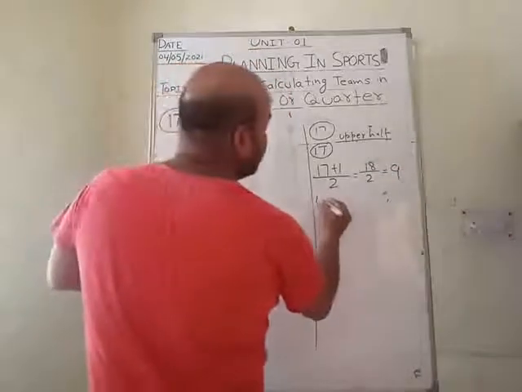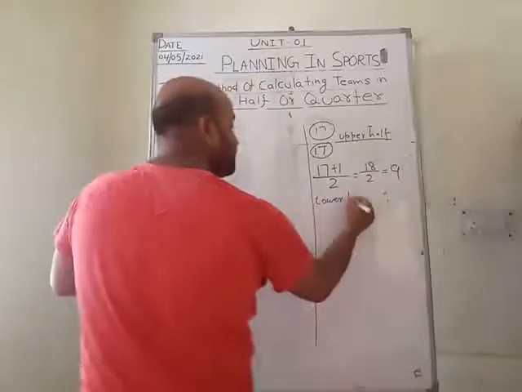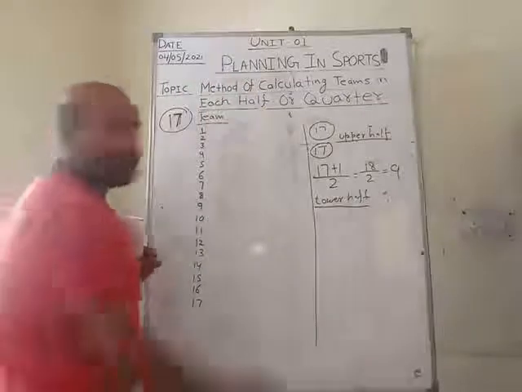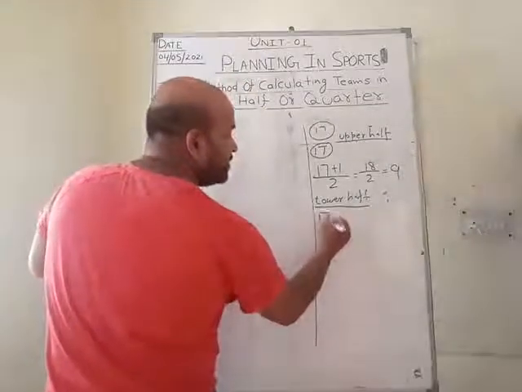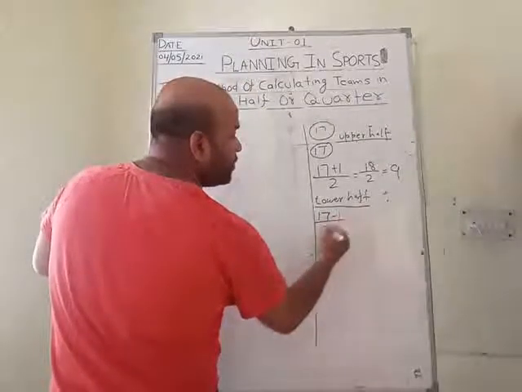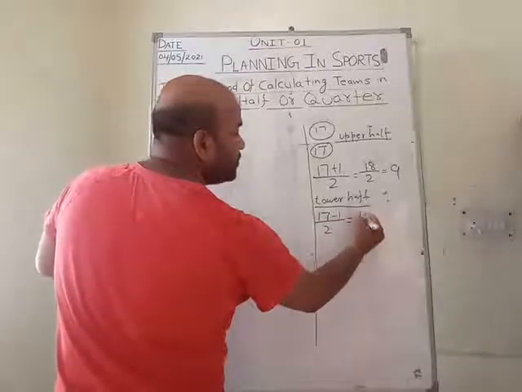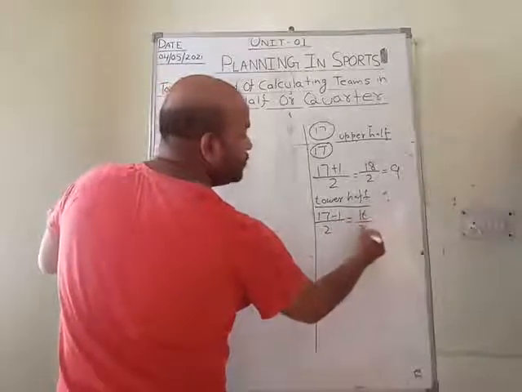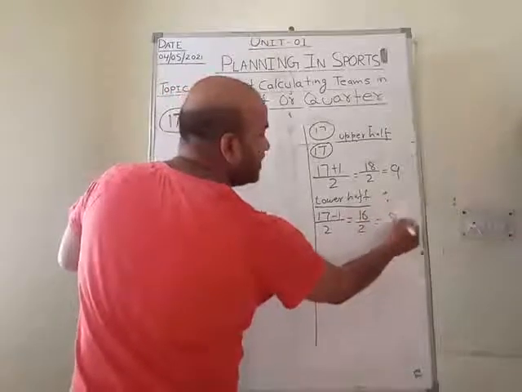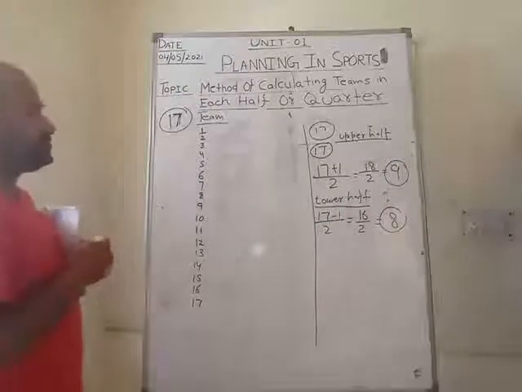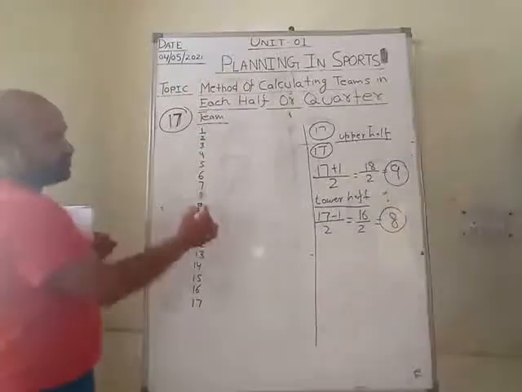For the lower half, 17 minus 1 upon 2 equal to 16 upon 2, 8 teams will come in the lower half. And it is 1 to 9.